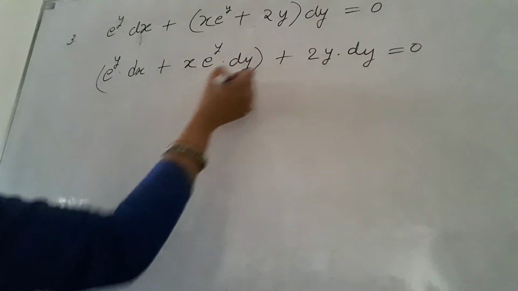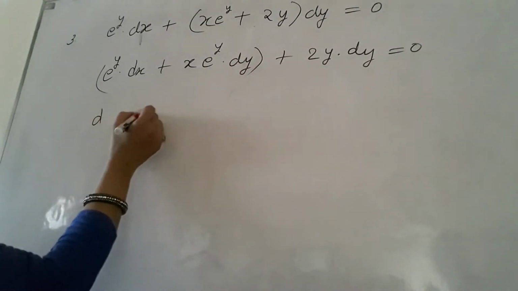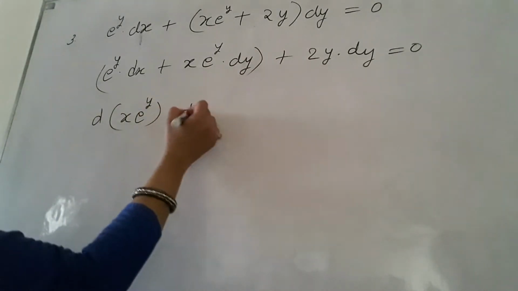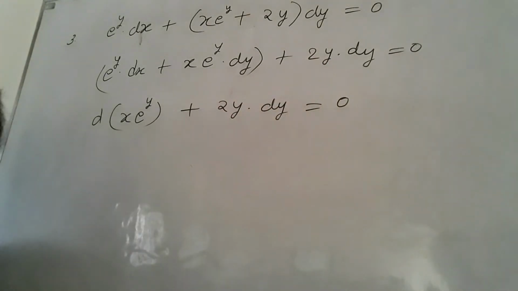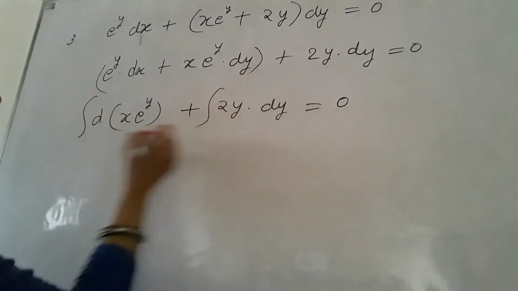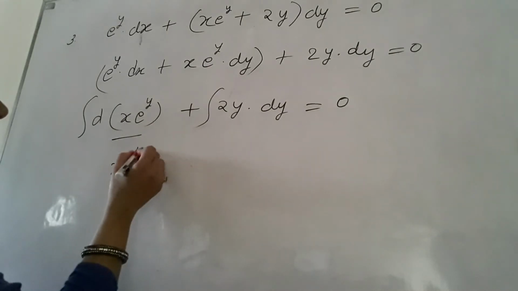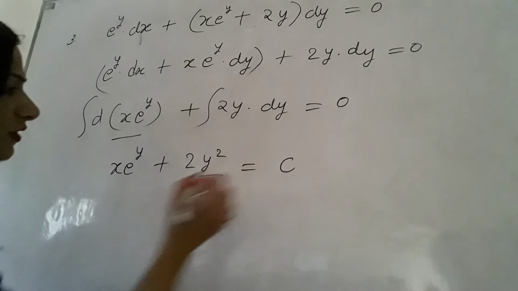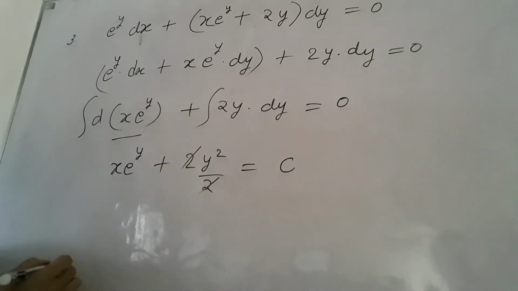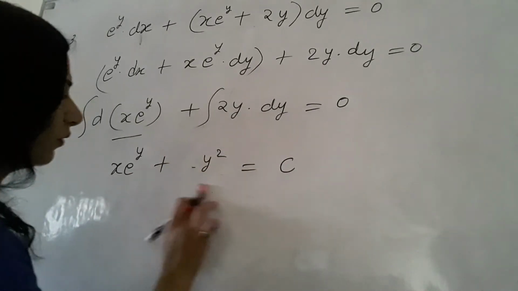Here we see that it is the differentiation of x e to the power y plus 2y into dy is equal to 0. So, integrating it, we get x e to the power y plus 2y square upon 2 is equal to c. Cancelling this 2 by 2, we get the required answer.